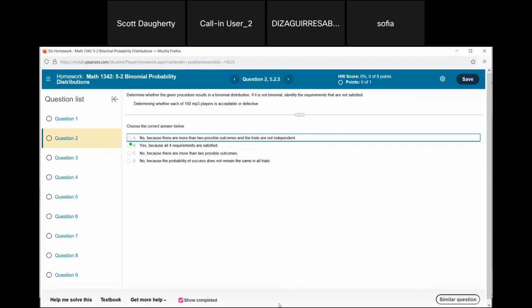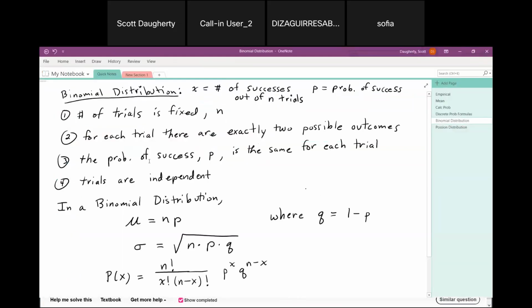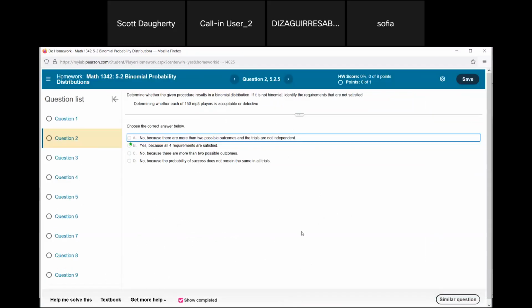Okay, and then the next one, the probability of success has to be the same for each trial. So I'm going to make an assumption here. Whatever the manufacturing process is for the MP3 players at this company, we're going to assume that maybe, let's say, 1% of them that are made are defective. So I'm talking about the large population of this manufacturing of MP3 players.